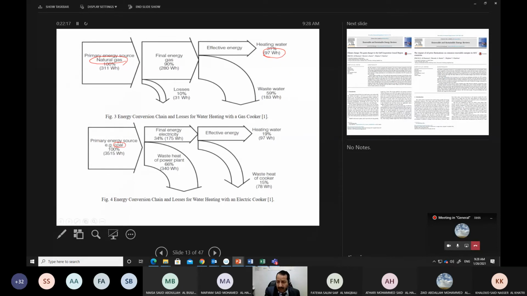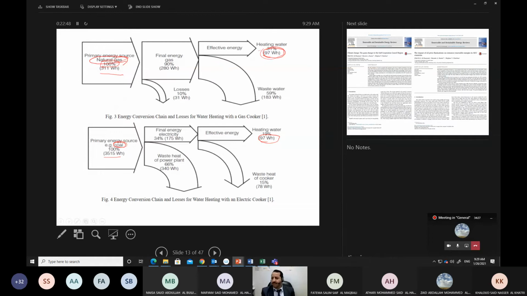We use coal to get the 97 watt hour. Now we can see that for natural gas, to get 100% of the needed energy, which will produce 97 watt hour, I need 311 watt hour energy from natural gas, while from coal I need 3,515 watt hour.